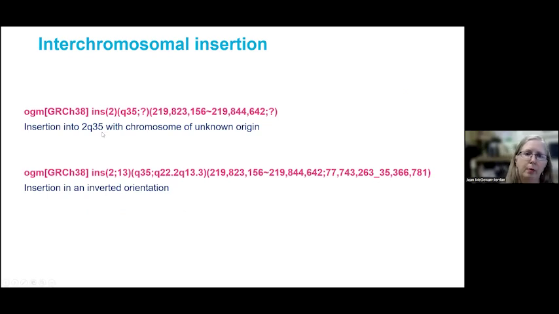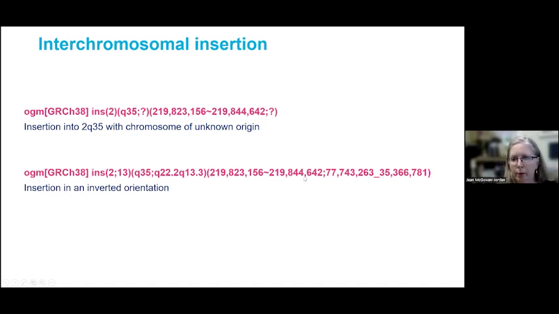Here are some examples of interchromosomal insertions. In the first one, the inserted material isn't identified, so that's why the query is used. But in the second one, this is a balanced 2;13 insertion where we have material from chromosome 13 inserted into band Q25 of chromosome 2.